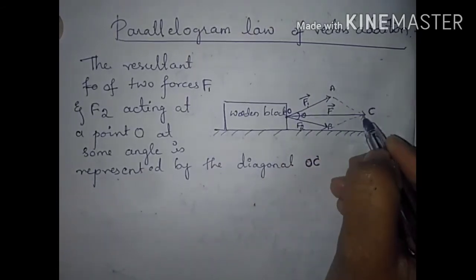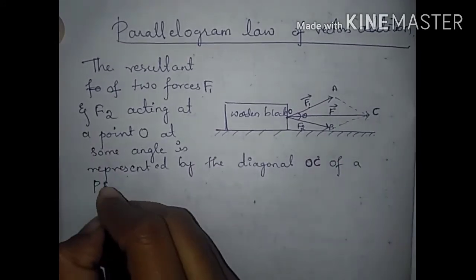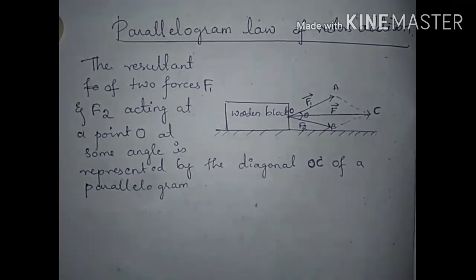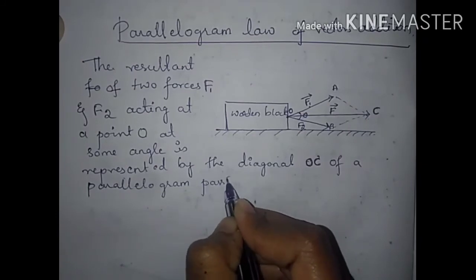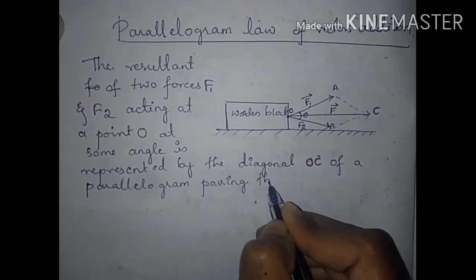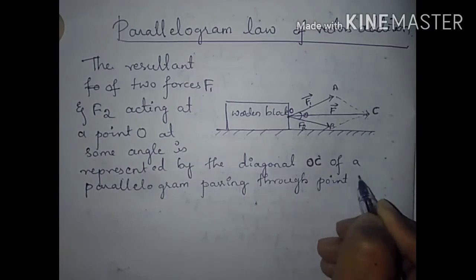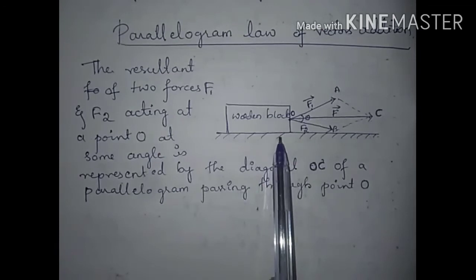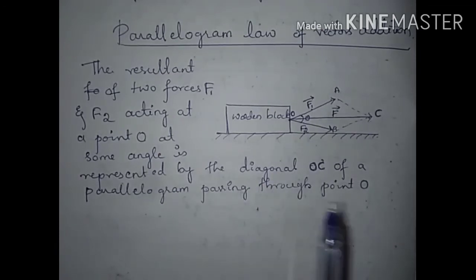This is the diagonal of the parallelogram, OC, passing through the point O. This law of adding two vectors F1 and F2 is known as the parallelogram law of vector addition.